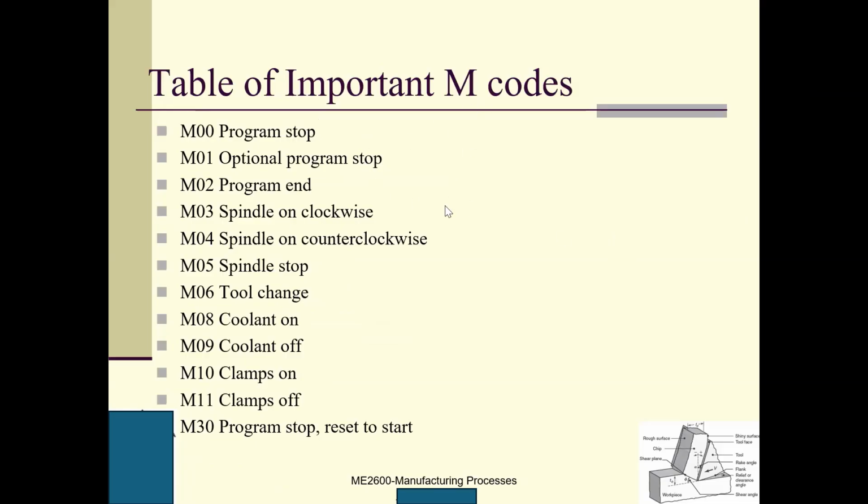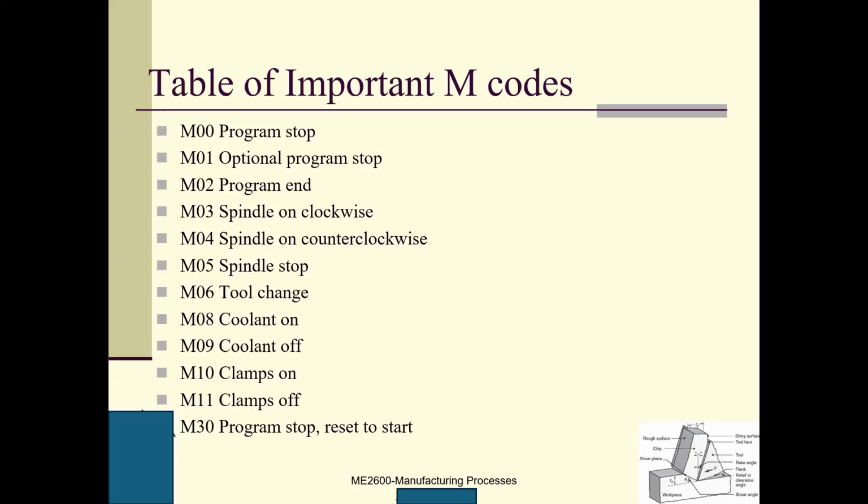M code. M means miscellaneous, and there are a lot of miscellaneous things. M00 means program stop. If you specify M00, the program stops. M01, optional program stop. And M02 is program end. Program stop and program end are different.